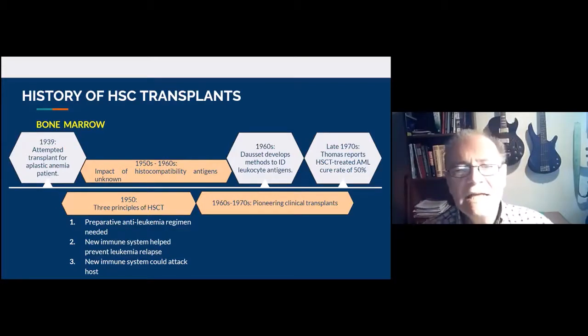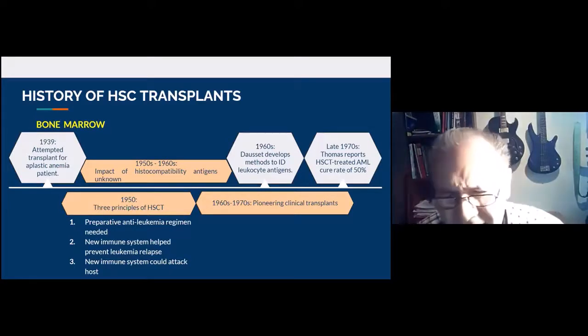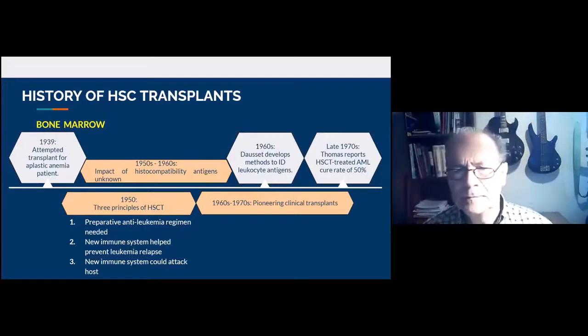But the histocompatibility antigens were unknown. In 1960, Jean Dausset developed methods to identify leukocyte antigens. And 20 years later, in 1980, Jean Dausset received the Nobel Prize in Physiology and Medicine.